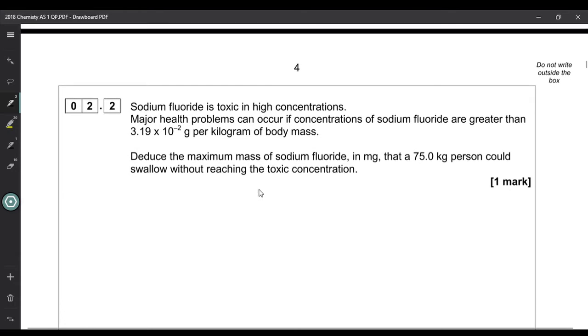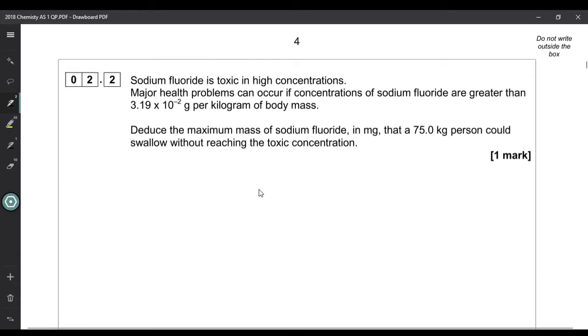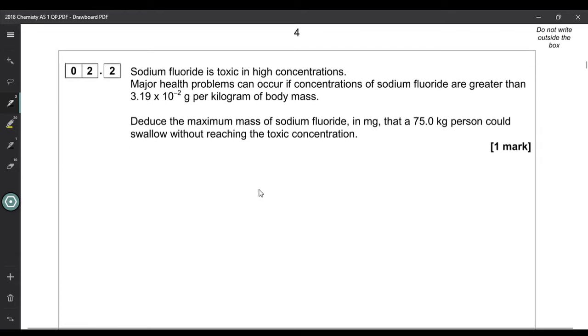So part 2 of this question says sodium fluoride is toxic in high concentrations, and the maximum we can have is 3.19 times 10 to the minus 2 grams for every kilogram of body mass.